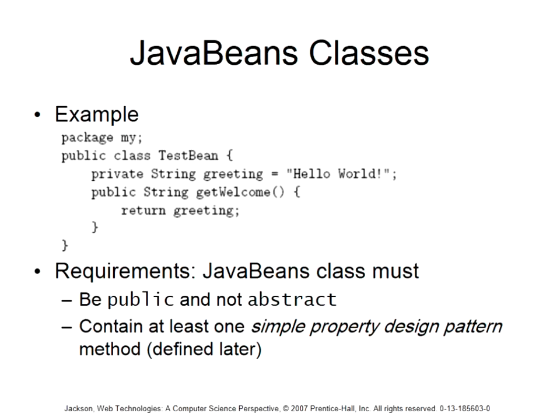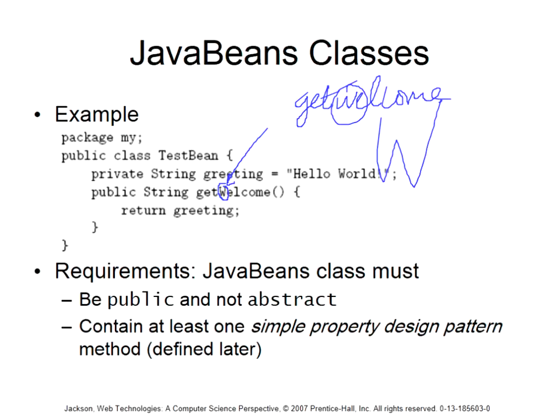Okay. So here in this method, there is a thing. After get, we will use W, capital W, not getwelcome like this. We will see together why. Here the W must be capital. Requirements: a JavaBeans class must be public and not abstract. Now we will see together what's the meaning of JavaBeans classes.